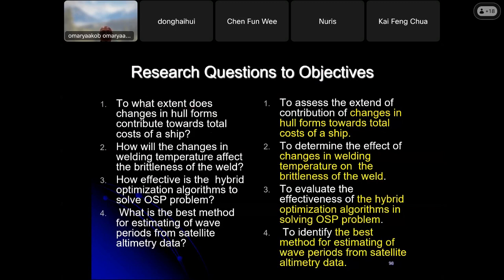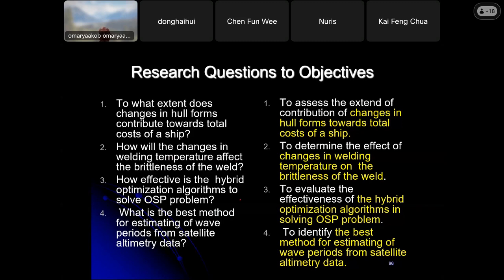Okay. So to what extent? So just to assess the extent. Okay. Number 2, to determine the effect of changes in welding temperature. You see the keywords are very, very much repeated. Yeah, the same thing. Changes in welding temperature.